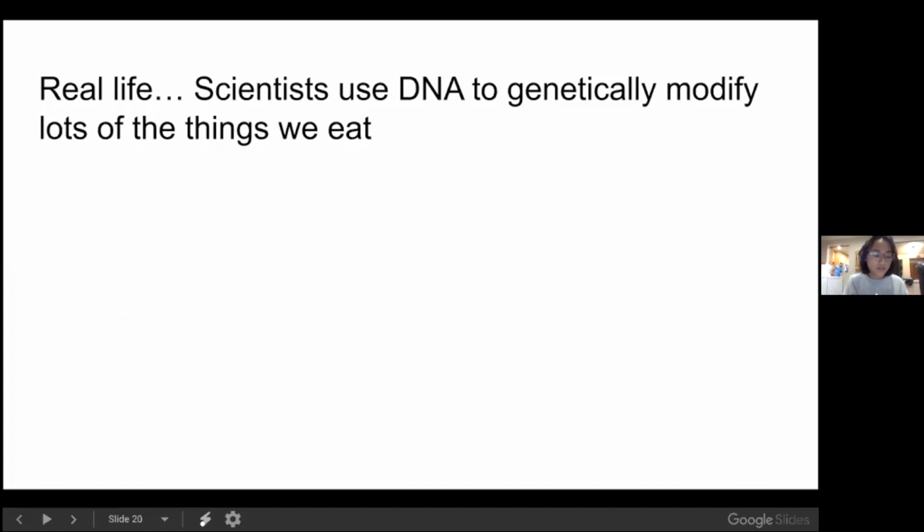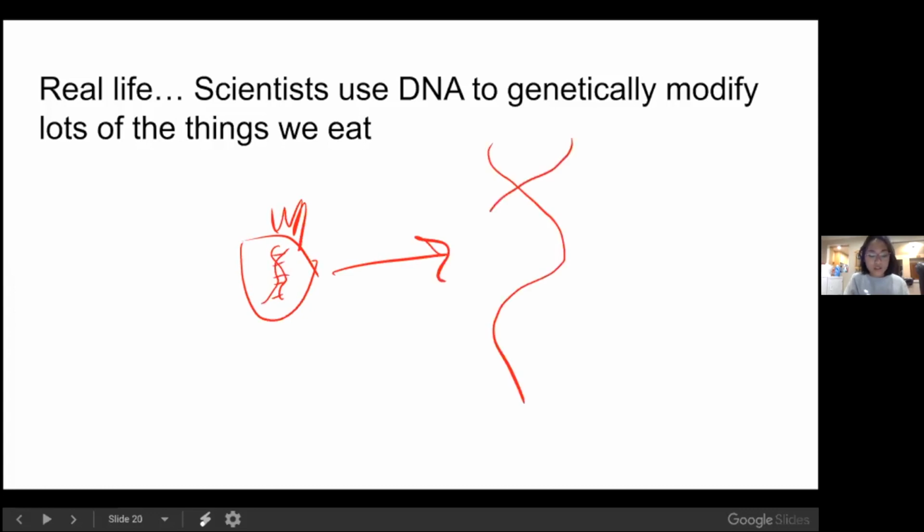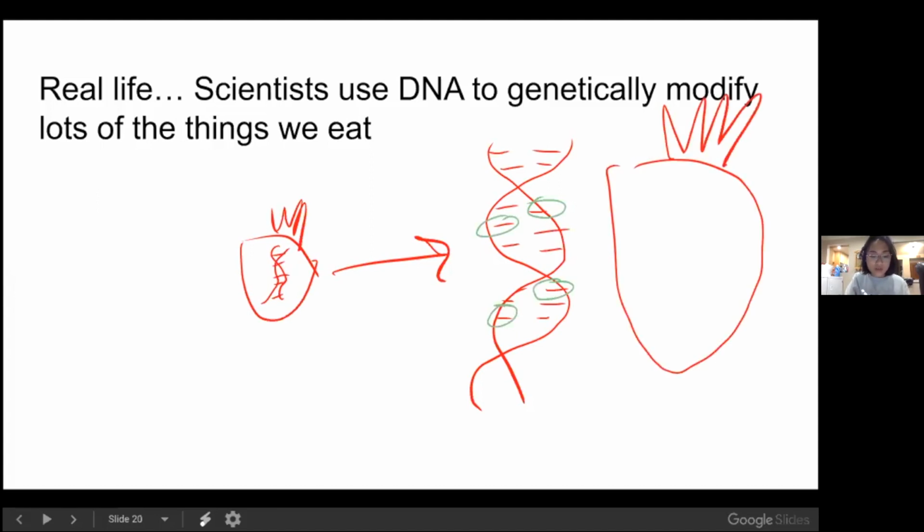So scientists often will take DNA out of fruits, look at those different little bases in their DNA, and even change or mutate some of these bases to make maybe an even bigger and even better strawberry. But again, we're going to learn about that next week. You can research that earlier if you want to.